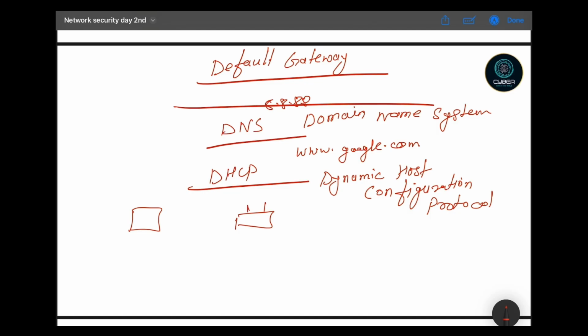Okay, like you type www.google.com and your system asks the DNS server, which resolves it to an IP, for example 142.251.36.238.